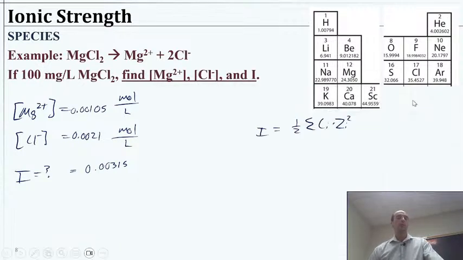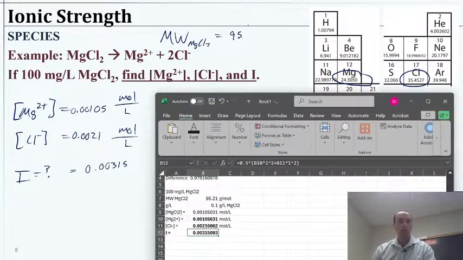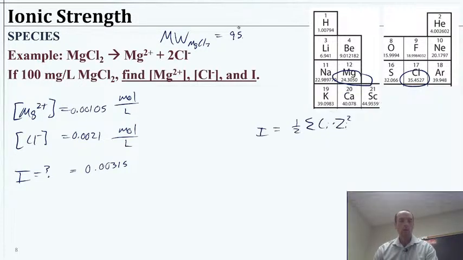What you described sounds like the way I did it. So my question for you is, did you take the atomic weights of magnesium and chloride separately, or did you find the molecular weight of MgCl2, which was 95 point whatever? I did them both separately.